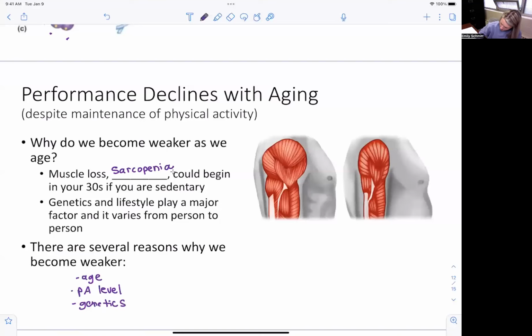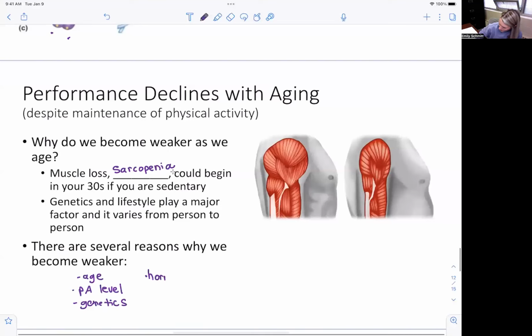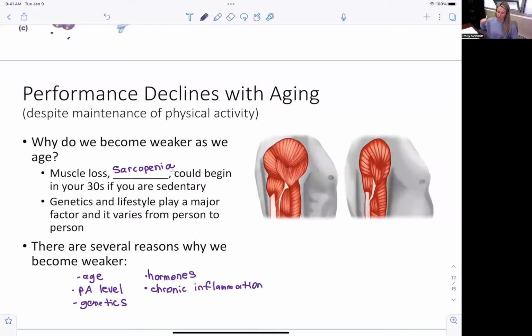Sorry, I apologize. We can also add hormones to this list. Chronic inflammation. So all of these factors come together and are reasons why we become weaker as we age.